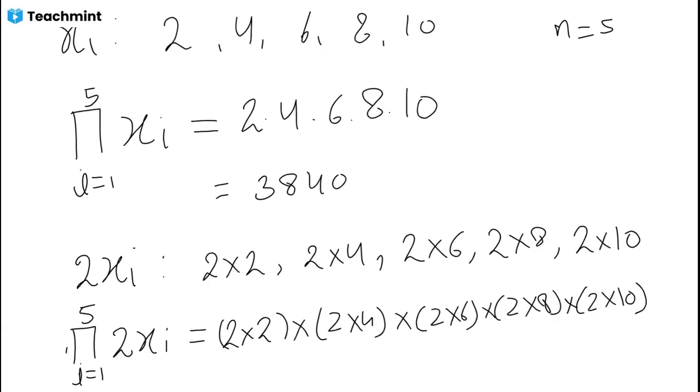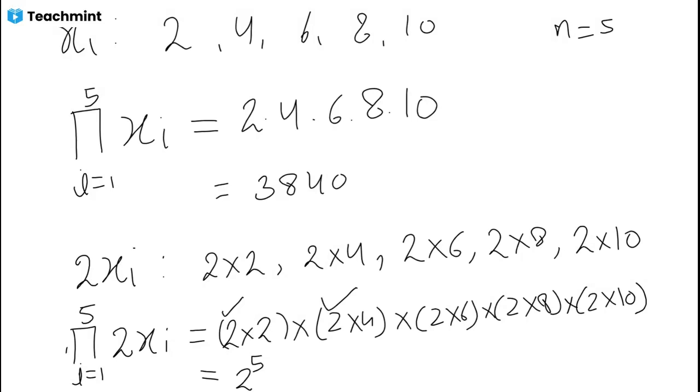So we are multiplying this 2 how many times? 5 times. So we can write it as 2 to the power 5, because we are multiplying this 2 five times.